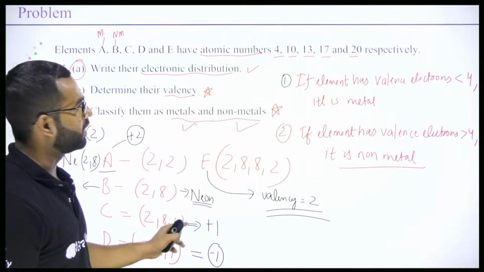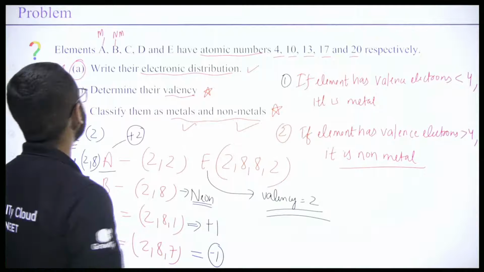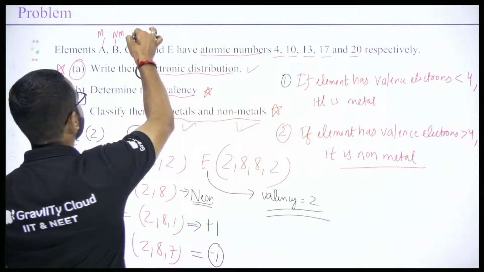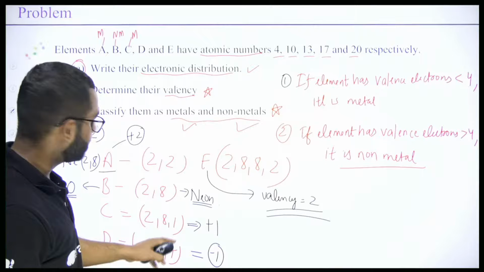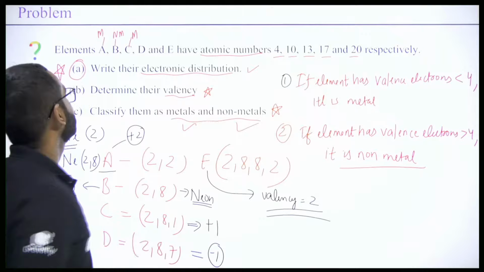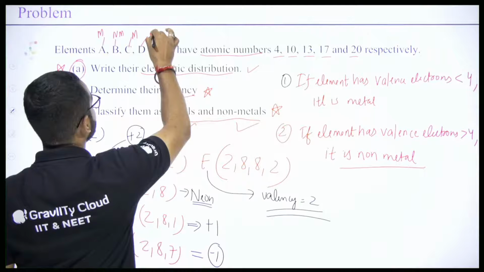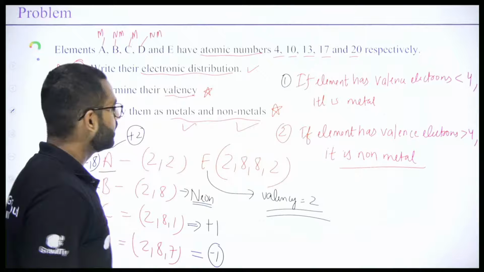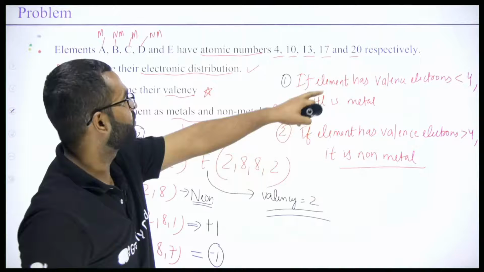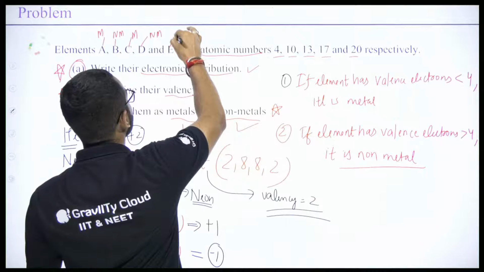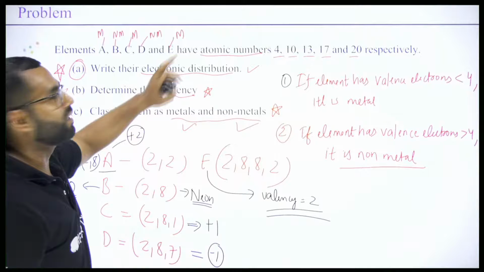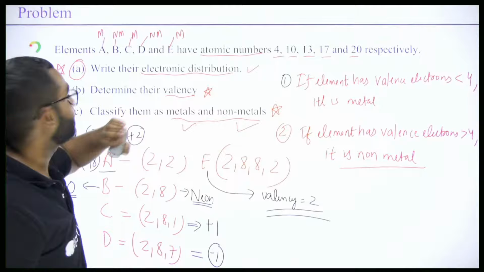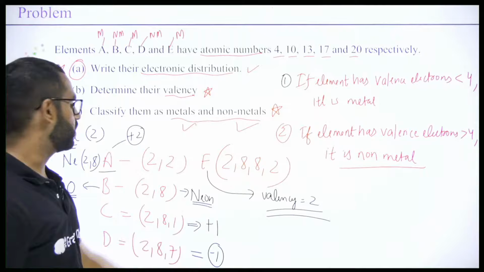Valence electron 1, less than 4, means metal. D is 2, 8, 7, has 7 electrons, more than 4. That means non-metal. Right? E has 2 electrons, less than 4. Again metal. So A, C, E are metals, B and D are non-metals.